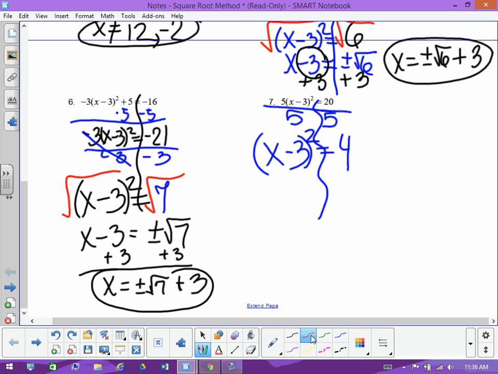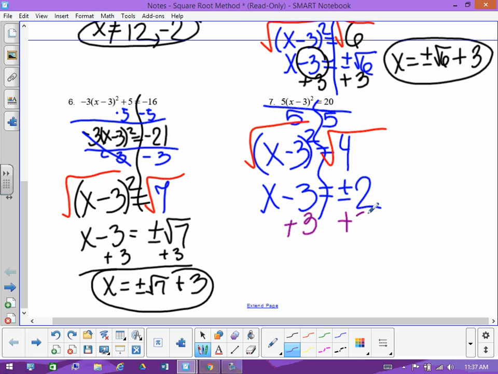So you don't always have to add or subtract something first. You want x minus 3 squared by itself. So if I take the square root of both sides, we've got x minus 3. What's the square root of 4? So we have plus or minus 2. And we want x by itself, so I need to add that 3.